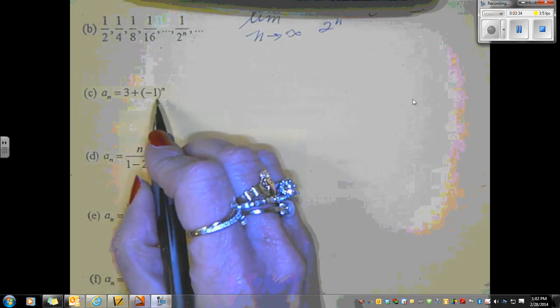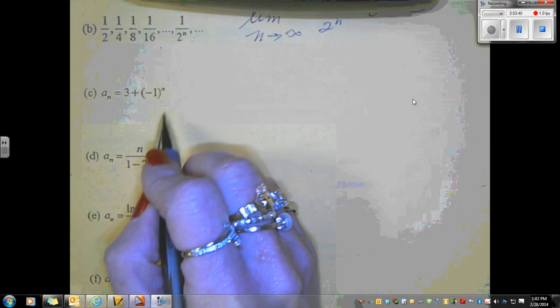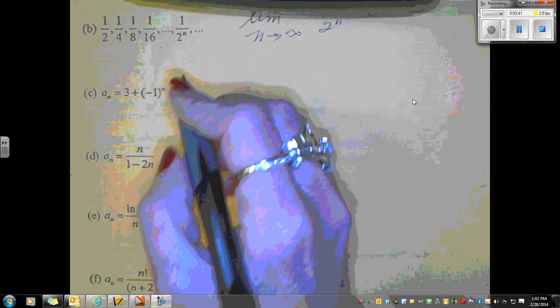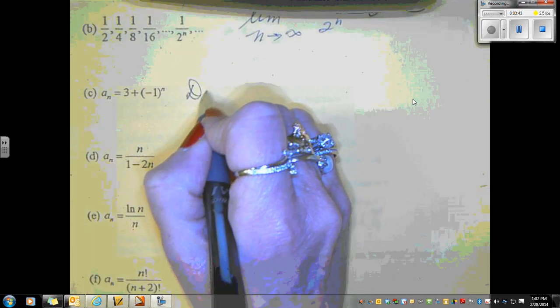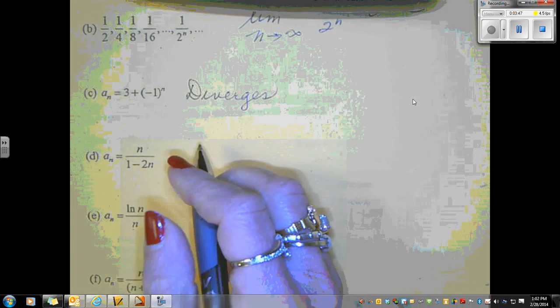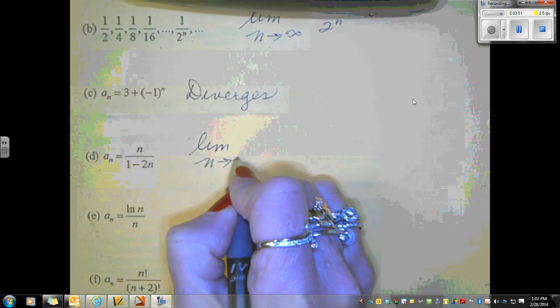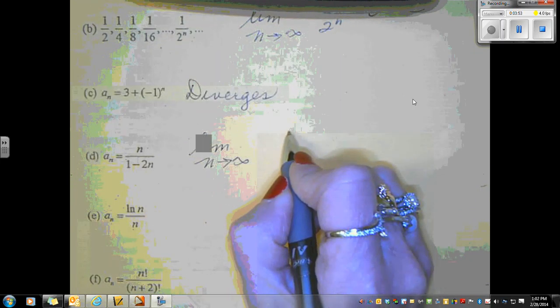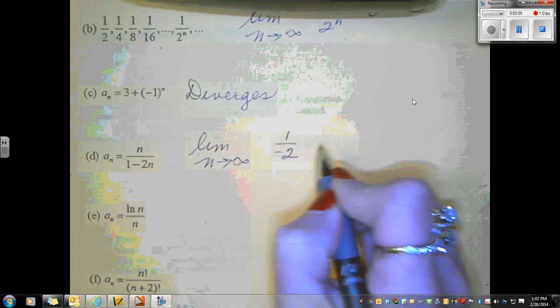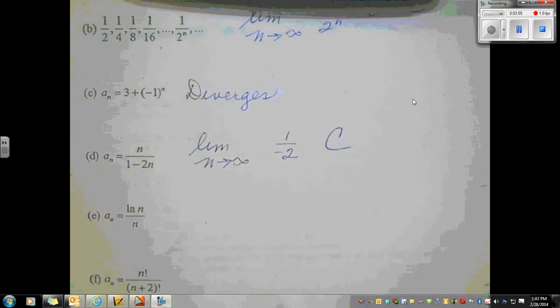I'm thinking diverges, because doesn't this thing go back and forth and back and forth? Yeah. Okay, so I'm thinking diverges here. All right, how about this thing? Wouldn't this be 1 over negative 2? So this converges. Okay, how about the natural log of n over n?